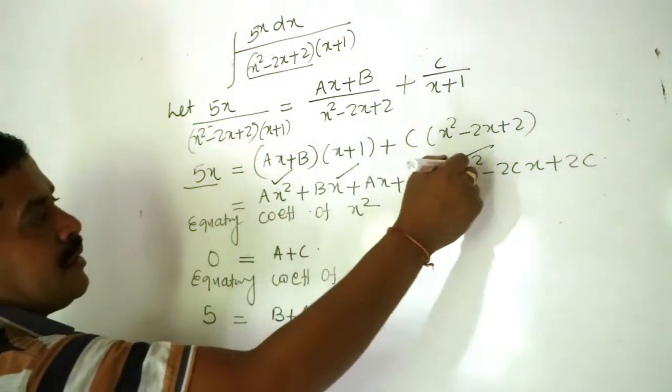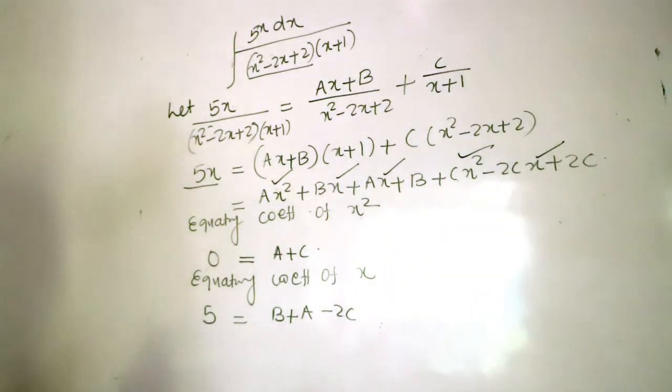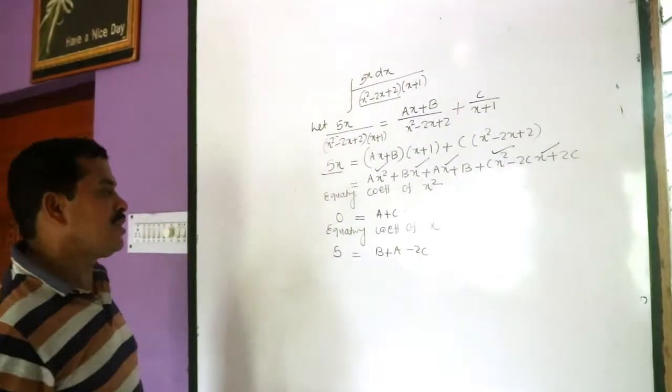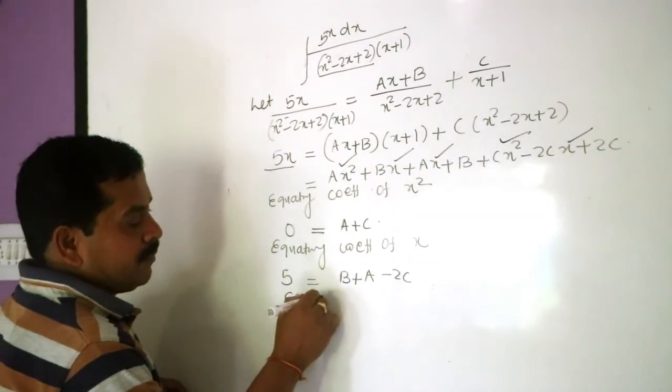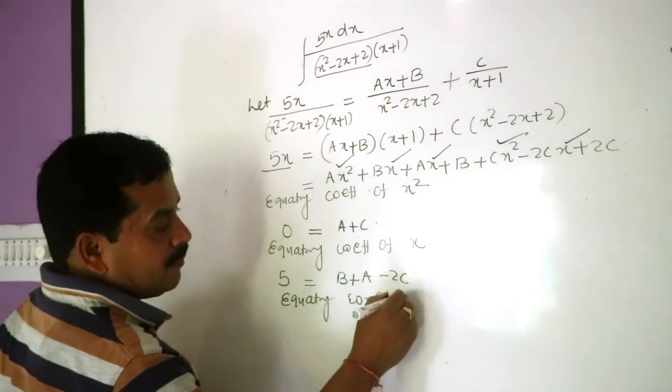Here it is x, here also x, here also x. Taking x common, the coefficient of x is b plus a minus 2c. Then equating the constant term.